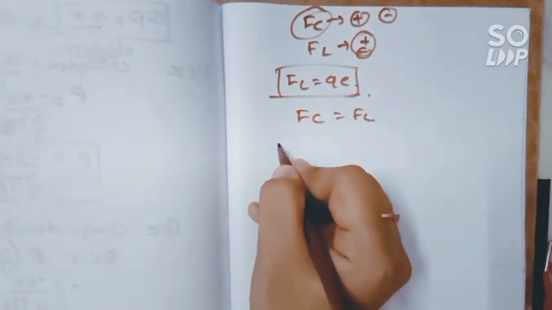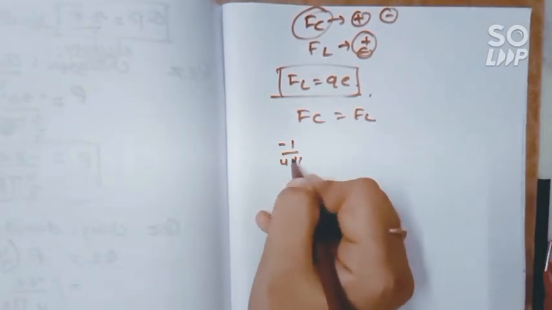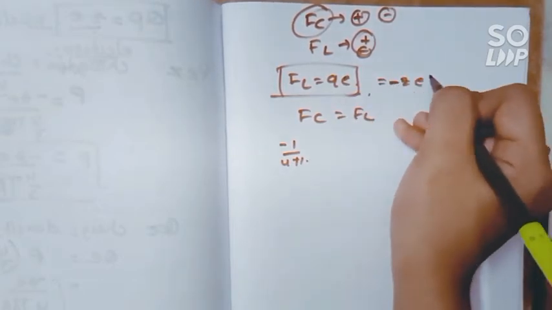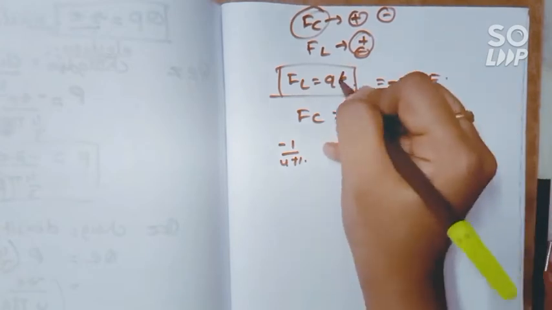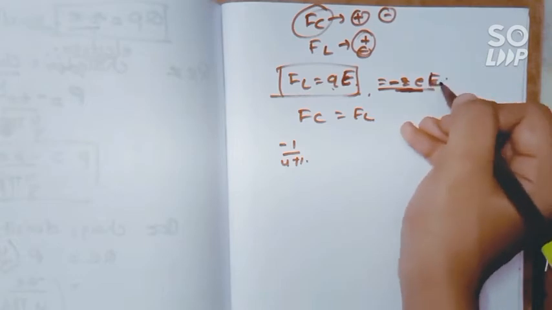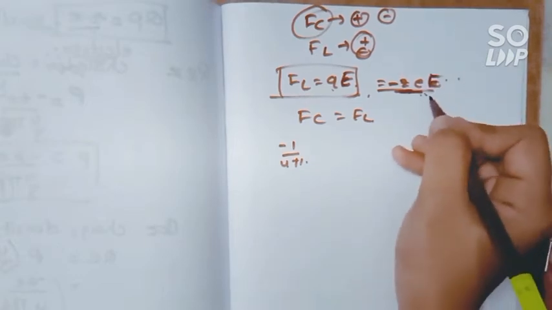Then we will get minus 1 by 4 pi epsilon. Here Q means Z into E, minus ZE into E. Here Q into E, and this Q can be written as minus ZE into E. This is our FL.